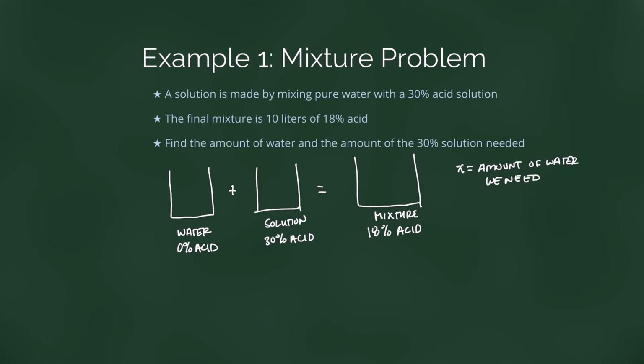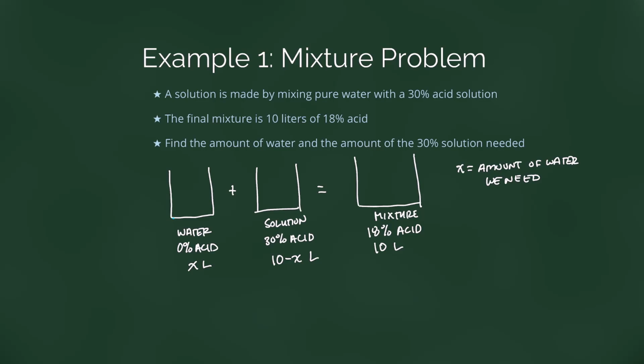We then know, since we ultimately need this container to contain 10 liters, if this contains X liters, the second container must contain 10 minus X liters, so that they add up to 10 ultimately. The other thing we want to think about is how much acid is in these. So the X and 10 minus X represent the amount of liquid in each container, but we want to think about the amount of acid.